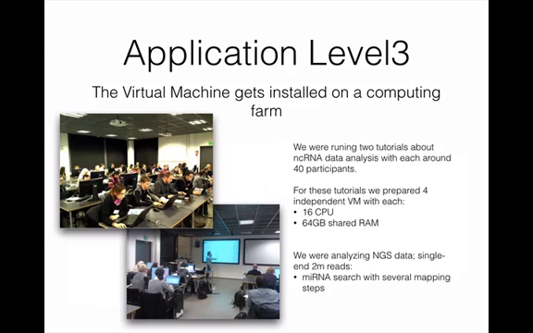And we were able to analyze next generation sequencing data, single end in this case, with 2 million and more reads. In this very specific case, this was a course in microRNA searching with several mapping steps. These 40 participants were able to independently work on this virtual machine.